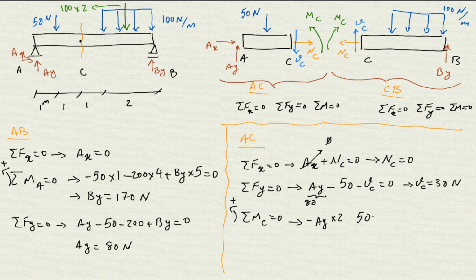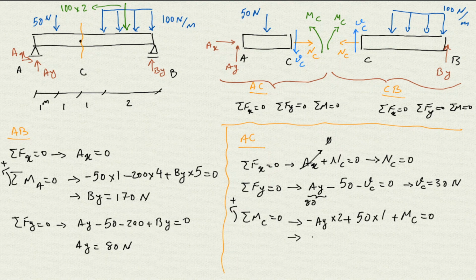The 50 Newton is going to rotate it about point C counterclockwise, so it's positive. And then we have the MC itself, which is rotating counterclockwise, and it's positive as well, so it's MC, and it's equal to 0.